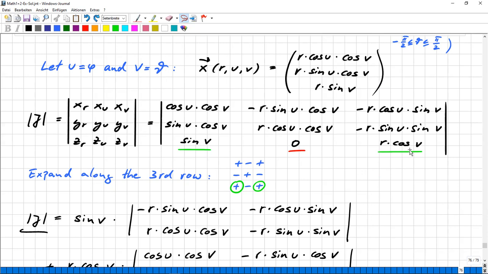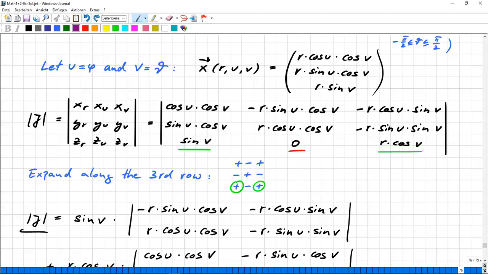Let's just start. We take the sine of v and multiply it with the determinant of the submatrix. You remember, in the next step we would cross out this row and cross out this column, and what remains gets to be our submatrix, and its determinant may easily be calculated by diagonal product minus second diagonal product, as you all know.